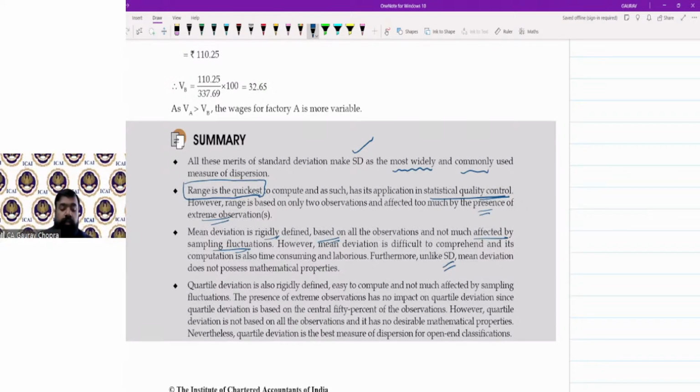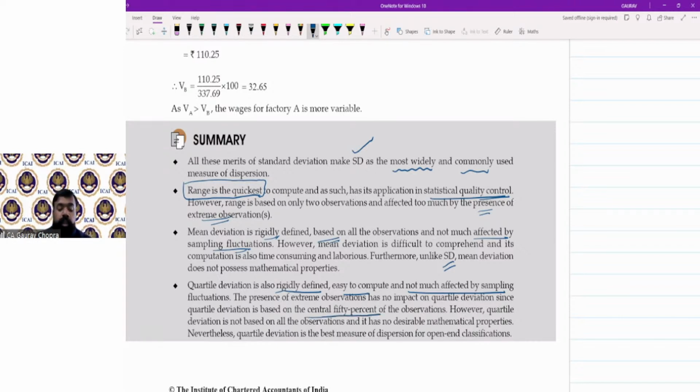Then quartile deviation is also rigidly defined. It is easy to compute and also not much affected by sampling fluctuation. So it is least affected, or we can say not affected, by extreme observations because quartile deviation is based on the middle 50% of observations.